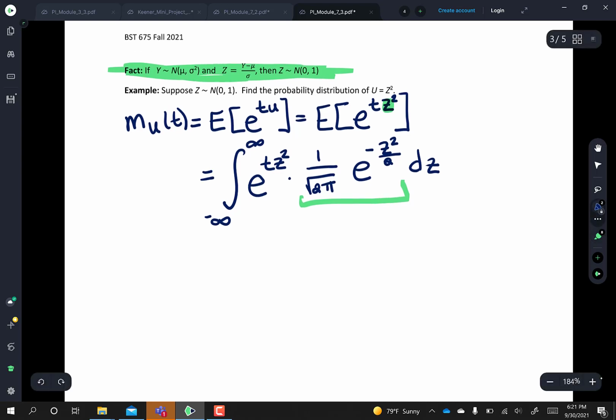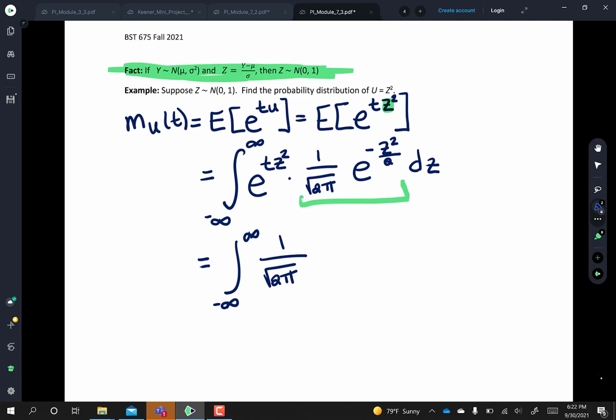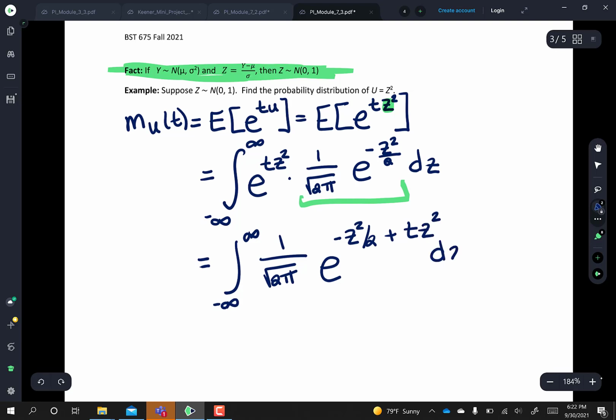Next, for that integration, we have this is equal to the integral from negative infinity to infinity of 1 over the square root of 2 pi, e to the negative Z squared over 2 plus tZ squared dz.